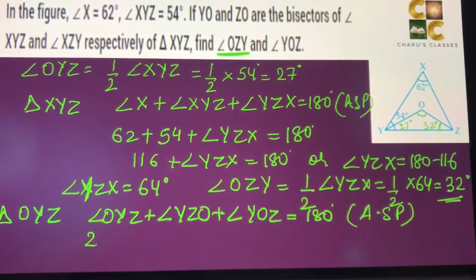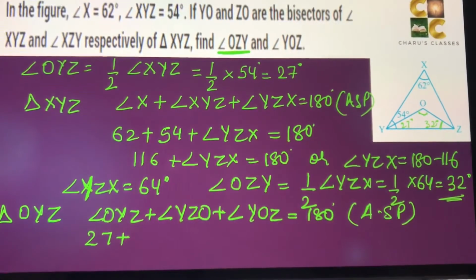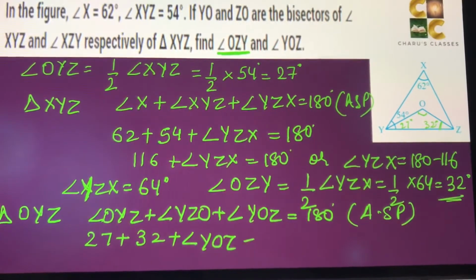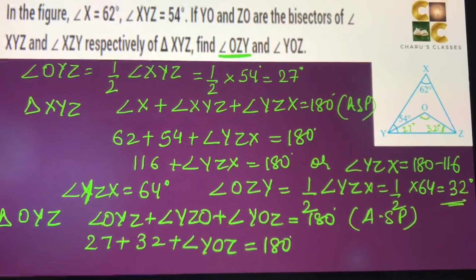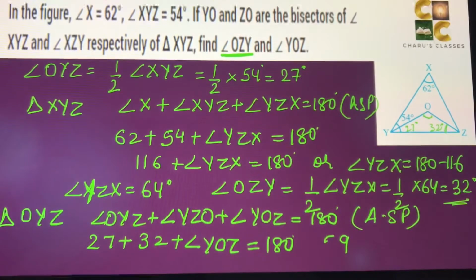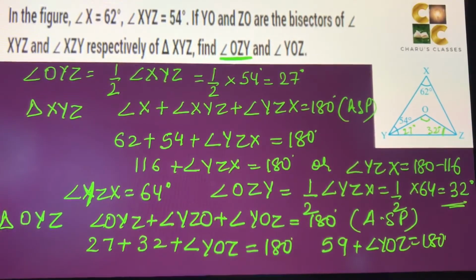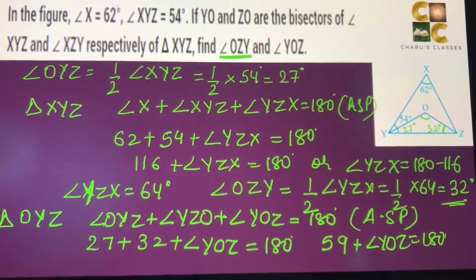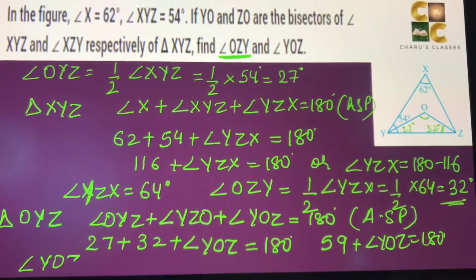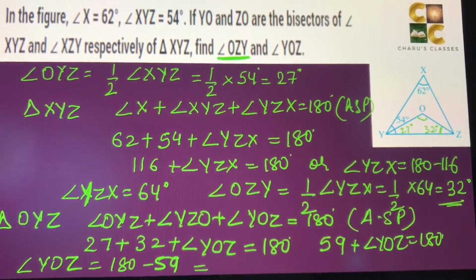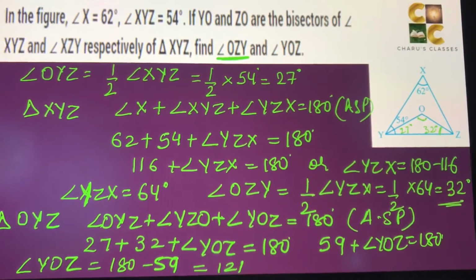So angle OYZ is 27, angle YZO is 32, and angle YOZ is what we have to find out. So solving this, 59 plus angle YOZ is 180 degrees, or we can say that angle YOZ is equal to 180 degrees minus 59, which is 121 degrees.